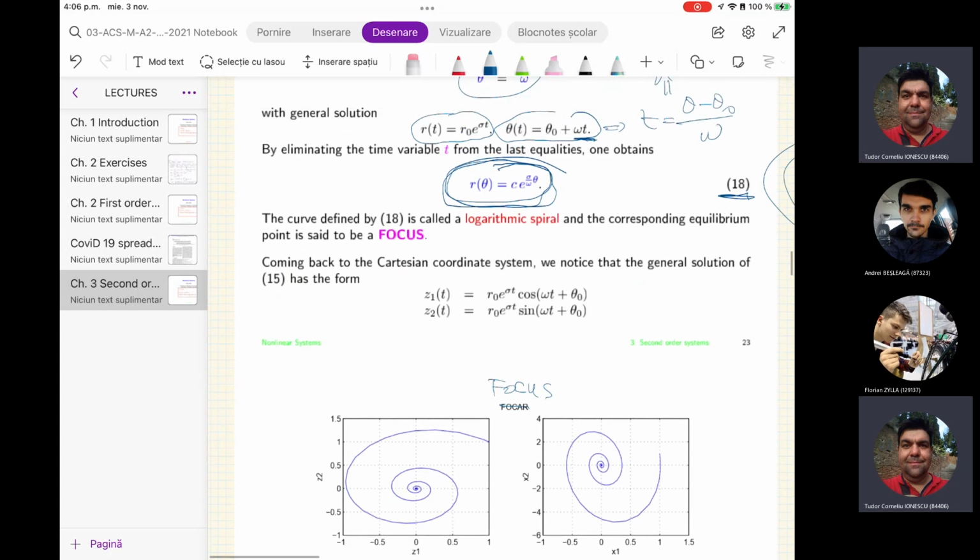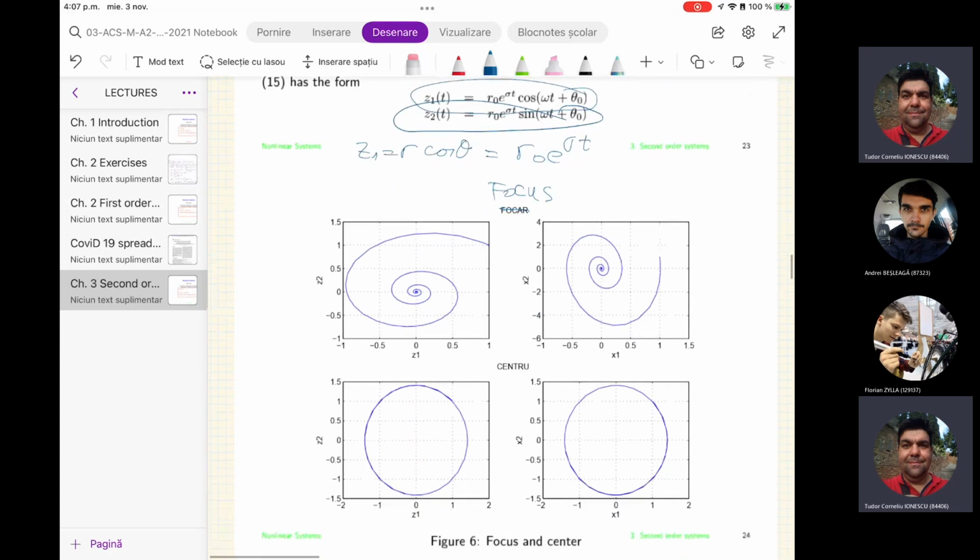Now, if you go back to the original coordinates in the Cartesian system, you notice that the general solution, z1 and z2, so z1 is r cos theta, so it's r0 e to the power sigma theta, we substitute this, and then you can write something like this.